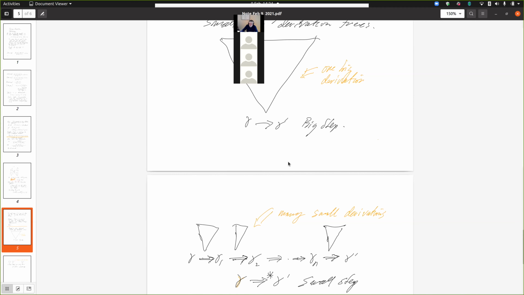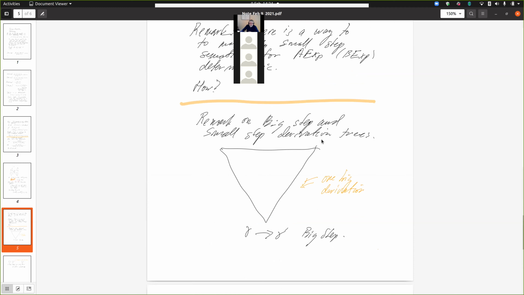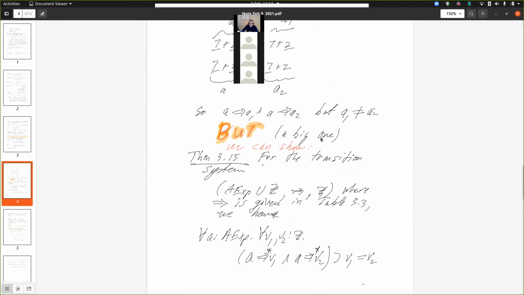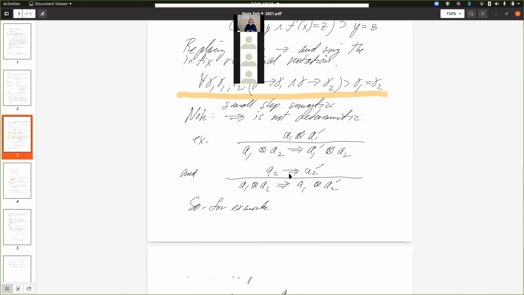So the choice of variables here is kind of suggestive, because I've got gamma and a big step to gamma prime, and down here I've got gamma and, after some number of small steps, goes to gamma prime. And that is the next discussion, that small step semantics is not deterministic.